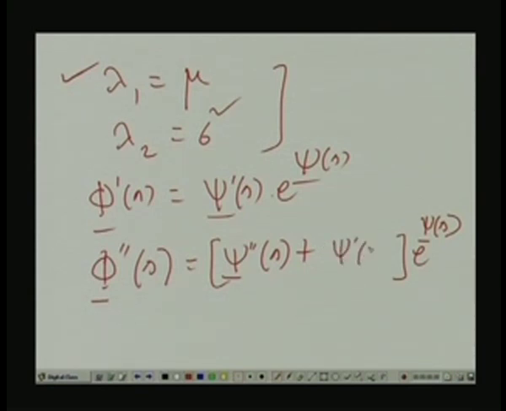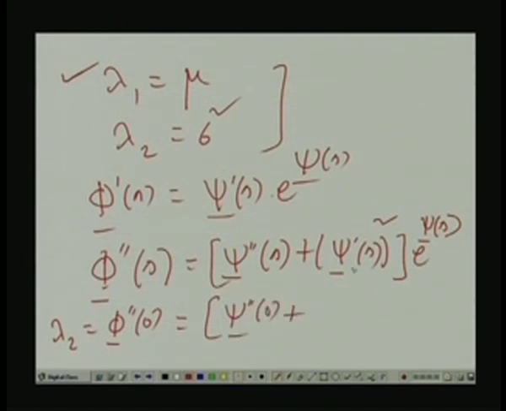So, it is square, which means lambda 2, which is nothing but this is equal to plus, sorry, this is actually M2.